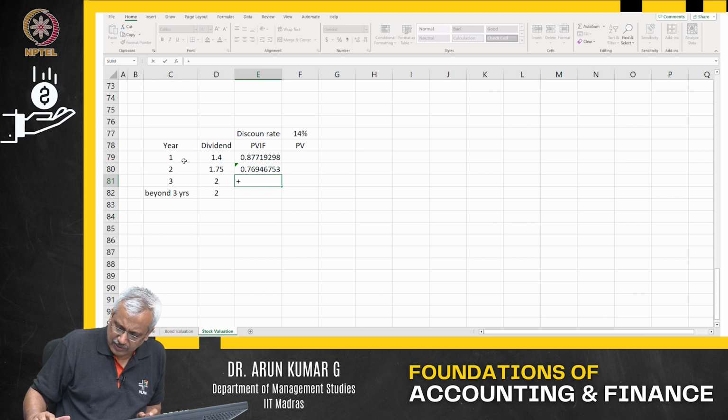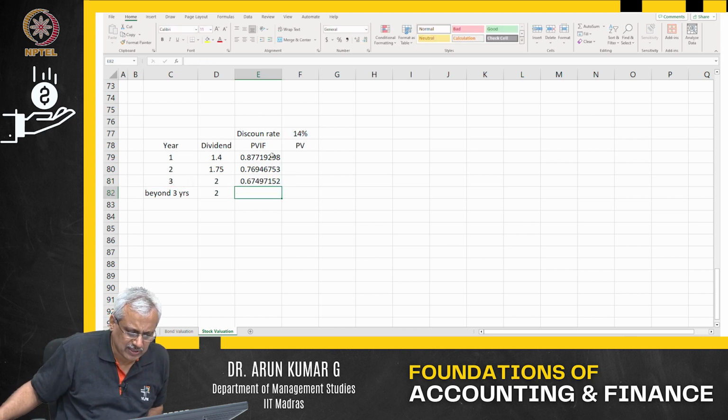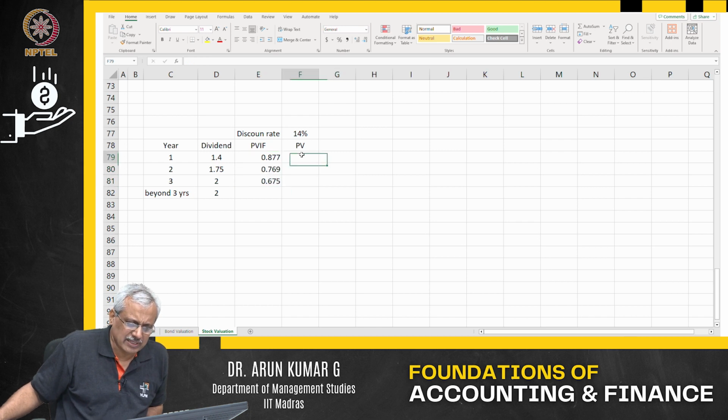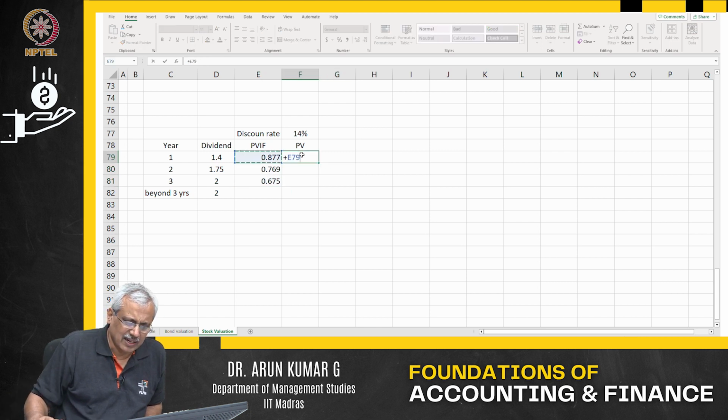And third year, 1 divided by 1 plus 14% to the power of 3 years out there, and that is it. I am just going to reduce the decimals to 2 digits or 3 maximum.